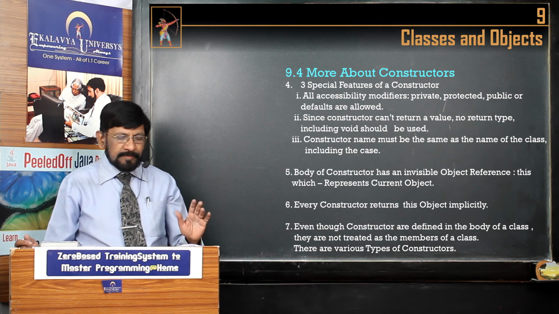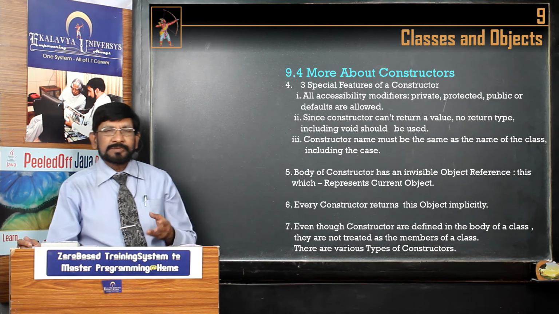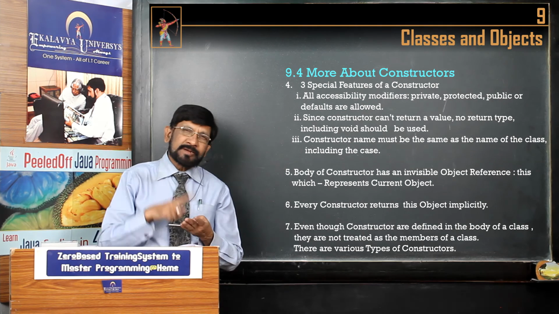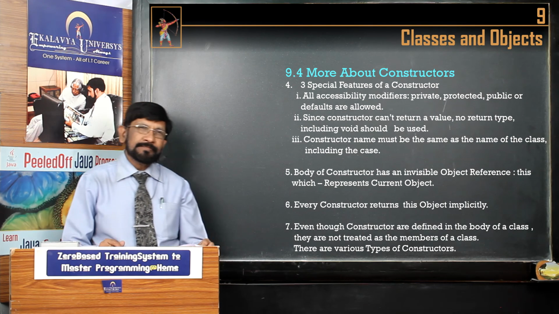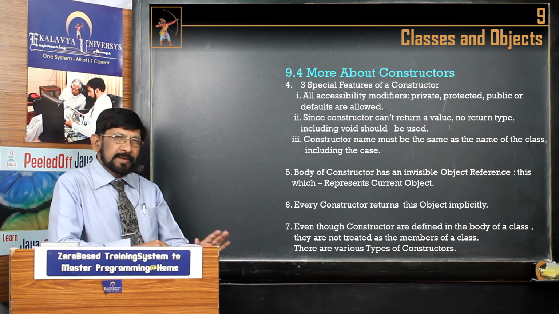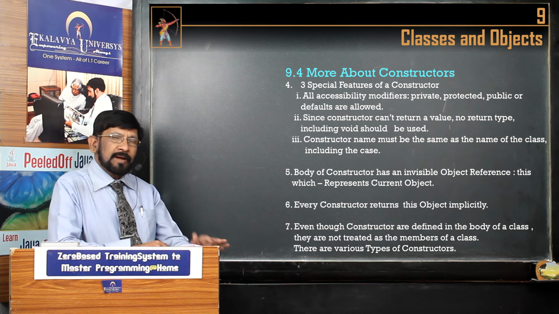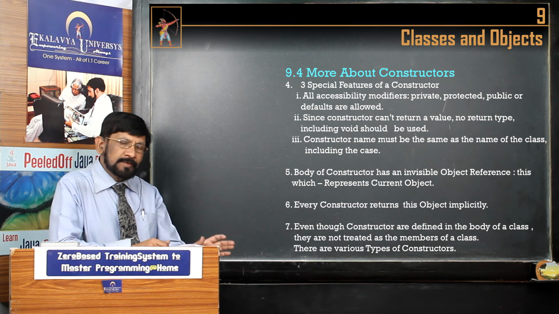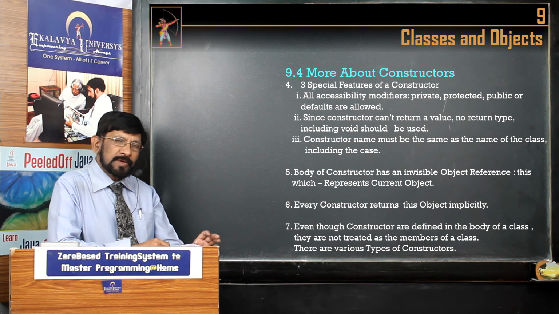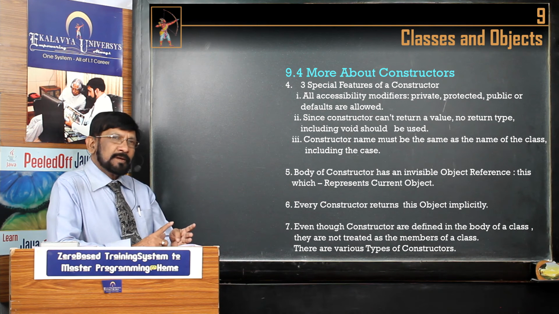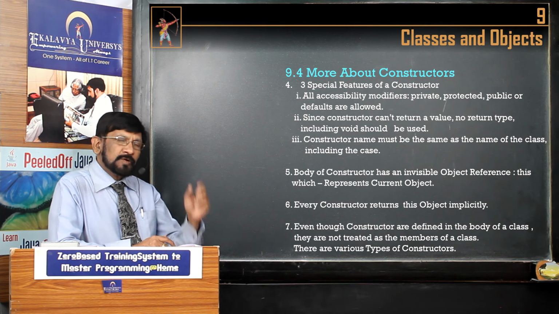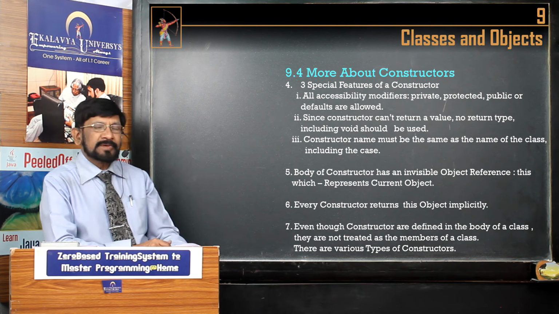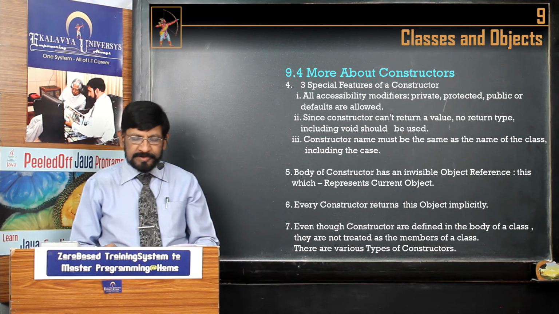That point we will understand later. So the three points you must remember: the constructor's name should be the class name, it should not have any return type and does not return any value, and it can have modifiers, either private, public, protected, or no modifier, which is called default. These are the special features of the constructor.